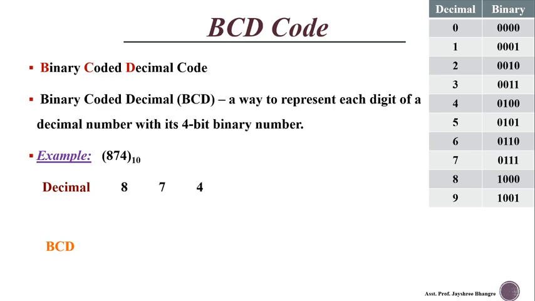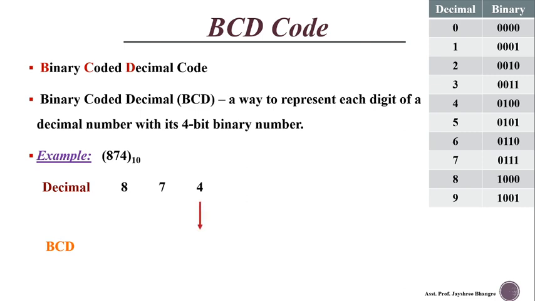So decimal numbers from 0 to 9 and their equivalent binary numbers are given over here, and whatever decimal number we want to convert into BCD, we just have to write the binary equivalent of each decimal digit. So let's represent this decimal number as the equivalent BCD. Let's start from the LSB, that is 4.